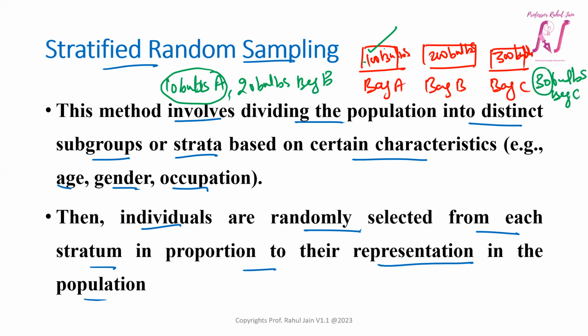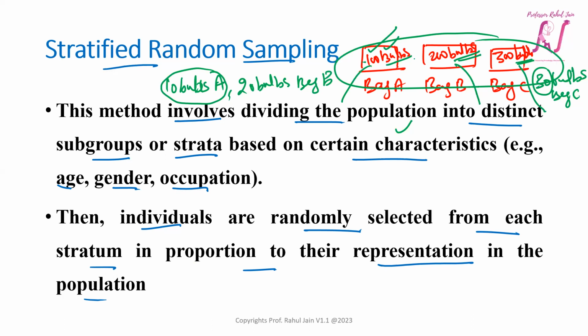It might be the case that some bulbs are yellow, some are pink, some are white, or green. So if my study is based on different characteristics from a large population, where all are bulbs but I need certain bulbs of each kind, this is called strata based on some characteristics.